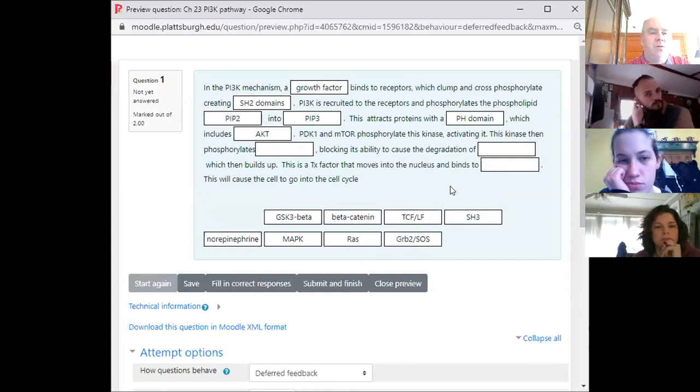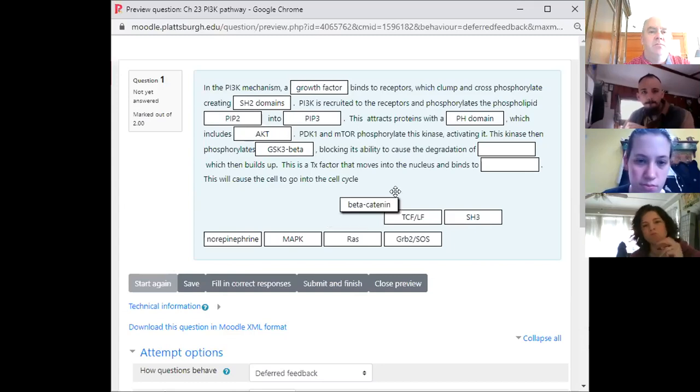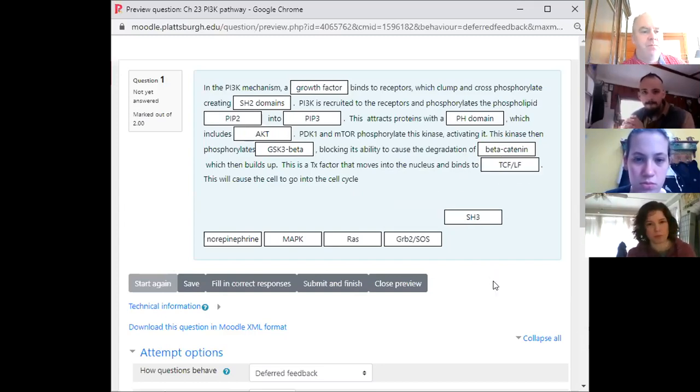AKT kinase phosphorylates beta-catenin, blocking beta-catenin, TCF, and there you go. Hopefully y'all got that right since it was pretty easy. But you know, little bonus for people who made the effort to show up today.